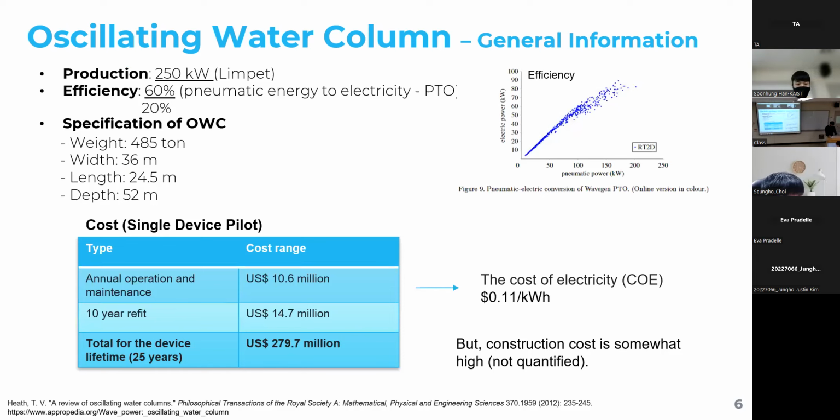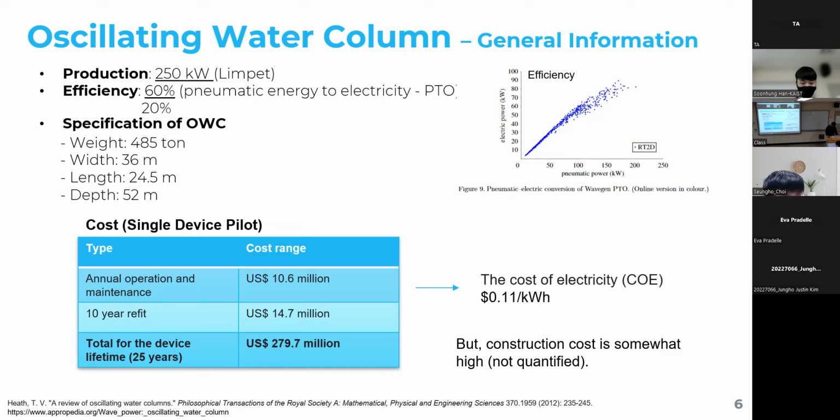The oscillating water column can produce 250 kilowatts at peak, and the efficiency is 6%. This means pneumatic energy to electricity. The right figure shows the relation between pneumatic power and electric power. The efficiency of 20% means the electricity conversion ratio from brake power; it seems somewhat low.